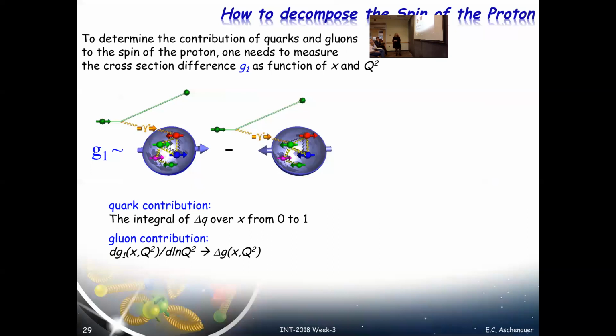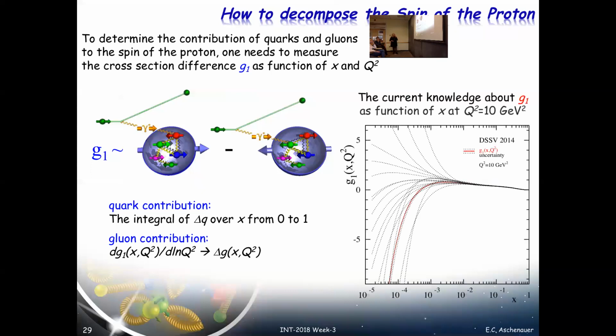If you take the integral over the quarks, you get your quarks, and you get the derivative, like in the unpolarized case, gives you the delta G. That is how G1 looks at the moment, based on the uncertainties from what we have from the PDFs as a function of x and a fixed q squared. So here is a central value, so it goes to 0. But starting from 10 to the minus 2 on, we don't even know the derivative anymore.